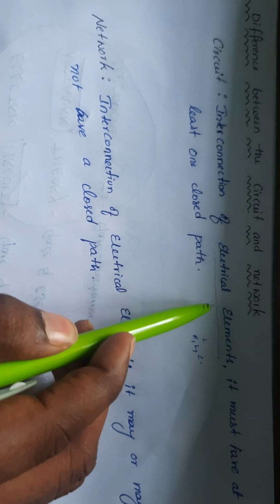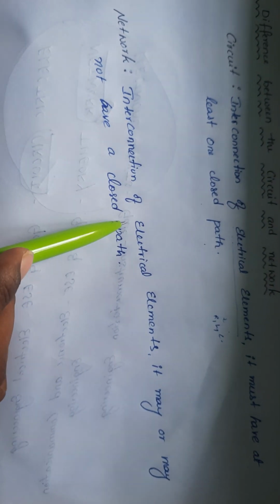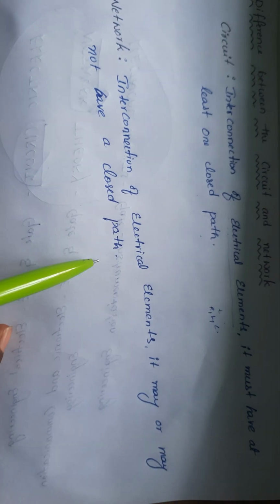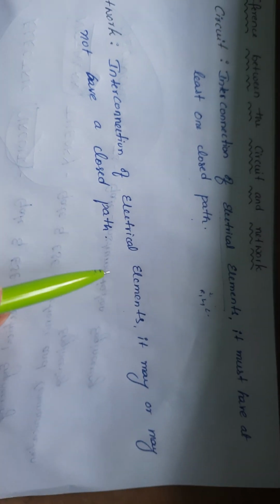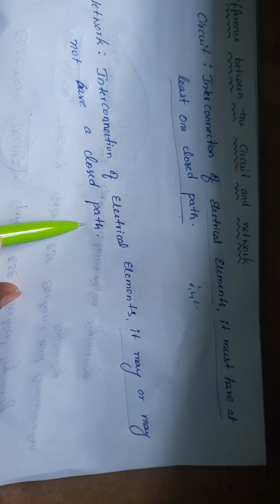A circuit is an interconnection of electrical elements. It must have at least one closed path. And what is meant by the network? A network is also an interconnection of electrical elements. It may or may not have a closed path. See the difference. A circuit must have at least one closed path. A network may or may not have a closed path.